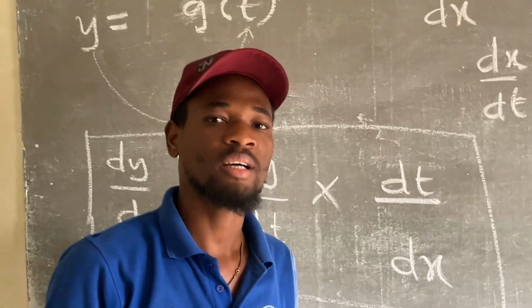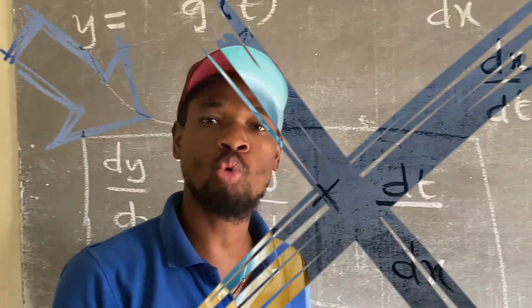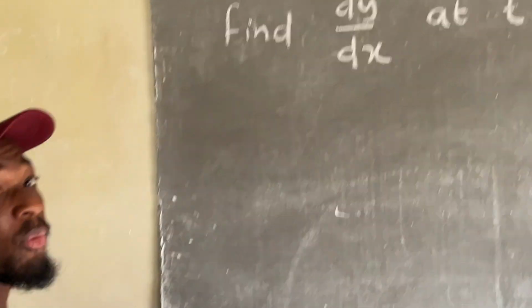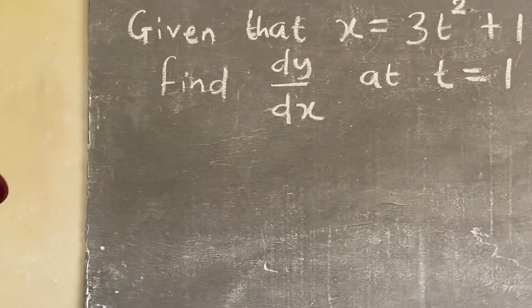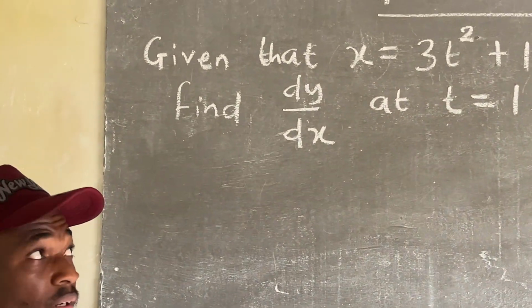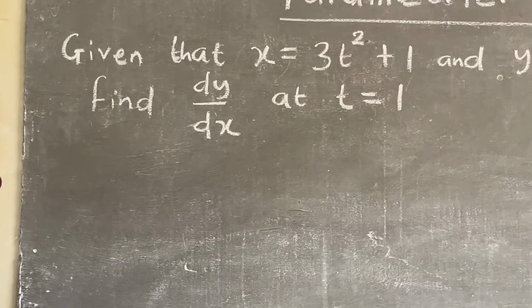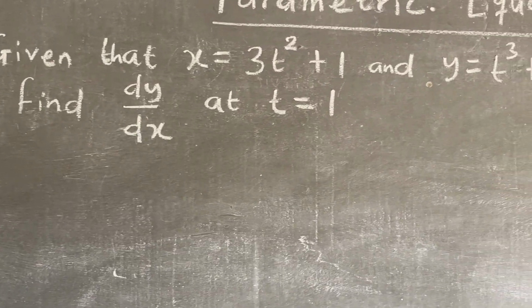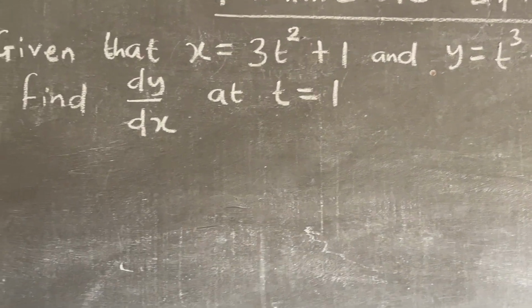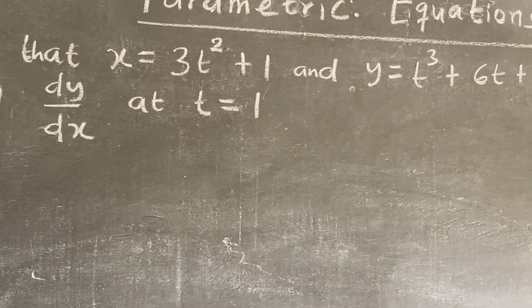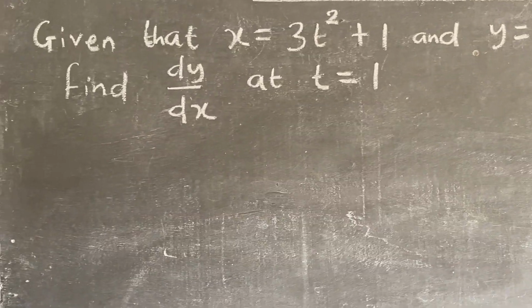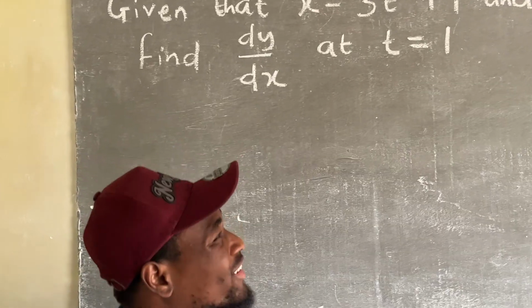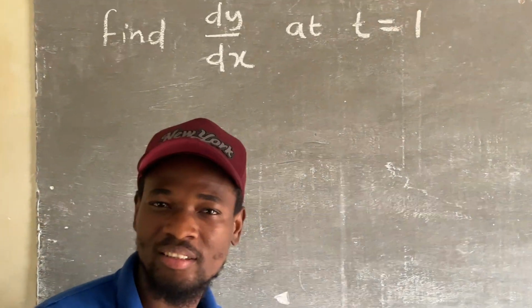Having said this, let us consider the question. It reads: given that x is equal to 3t squared plus 1 and y equals t to the power 3 plus 6t plus 2, find dy over dx at t equals 1. What type of equation is this?